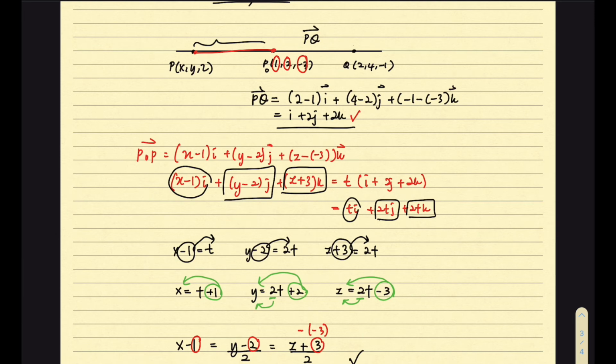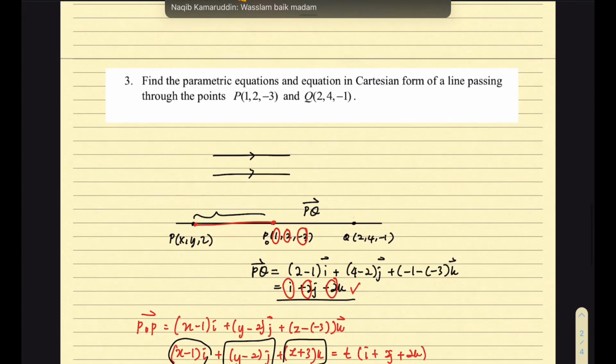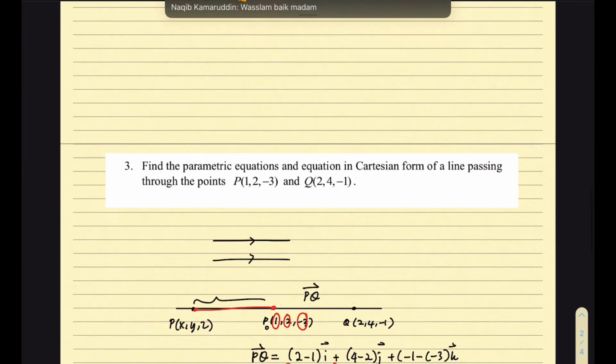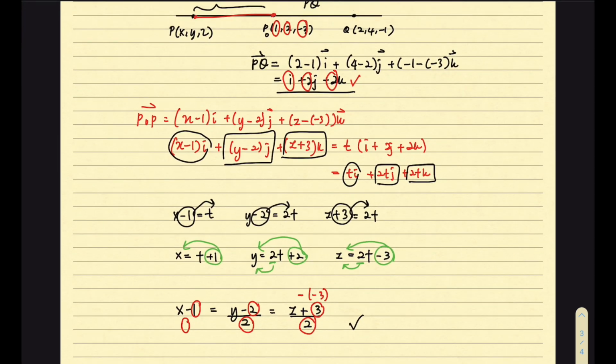So here you cannot see any number, so it should be 1, 2 and 2. So you see your vector 1, 2 and 2. So that one is your Cartesian form of the equation. Okay, so this one is the equation of the line and also the Cartesian form of the equation.